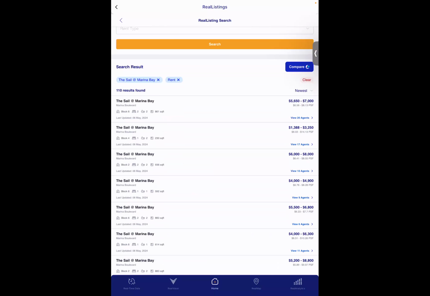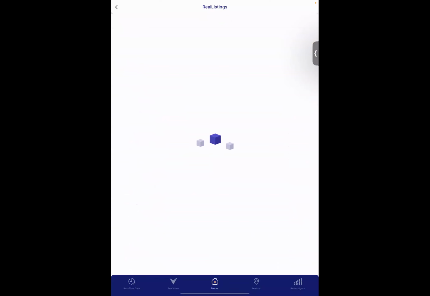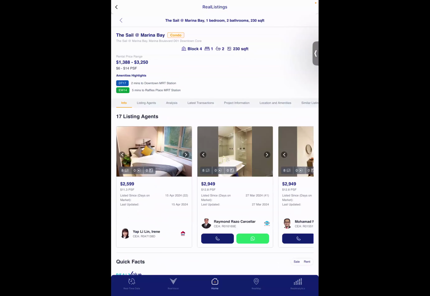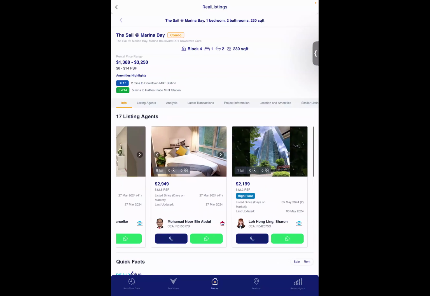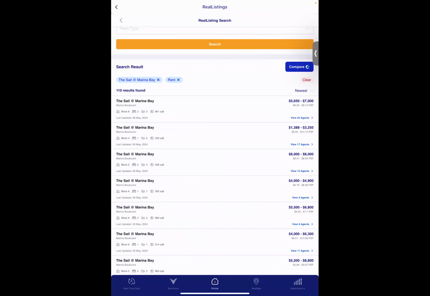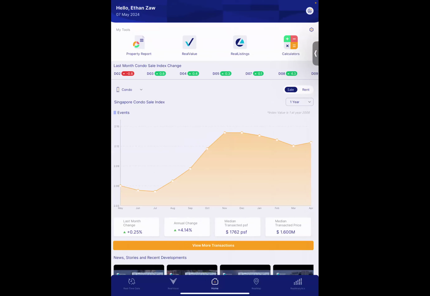Let's say your budget is less than 4,000, so I choose this one. Then I can see all the listings from 1,000 plus to 4,000, and in one shot all down here: what day they listed, last updated when, who to contact, all will be here. So easy for you to choose. It is under the main page, Real Listings.